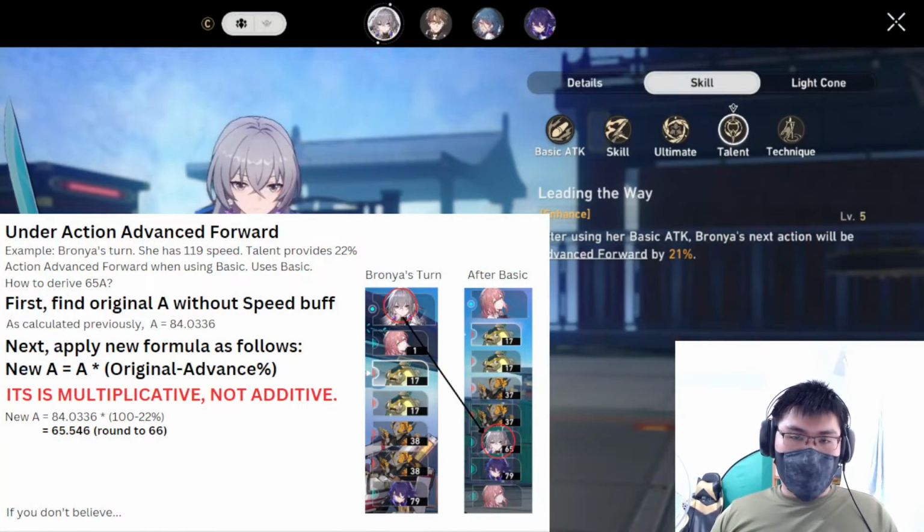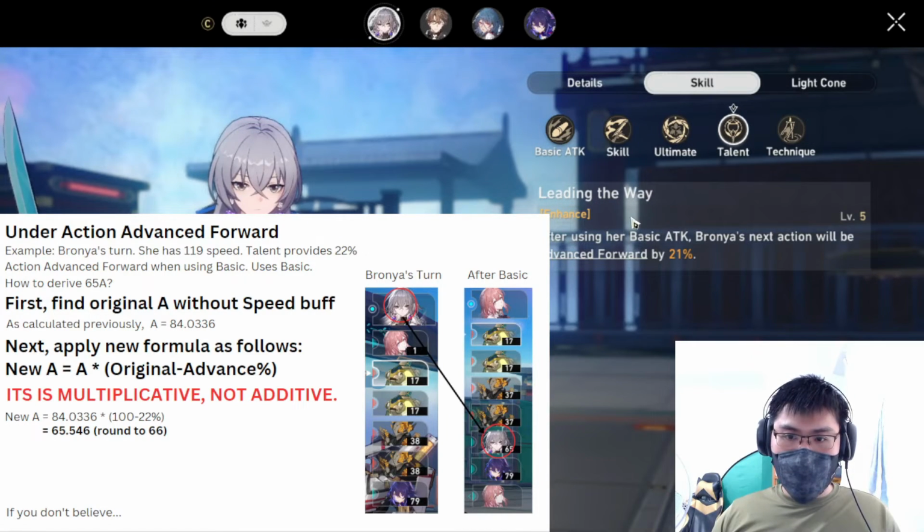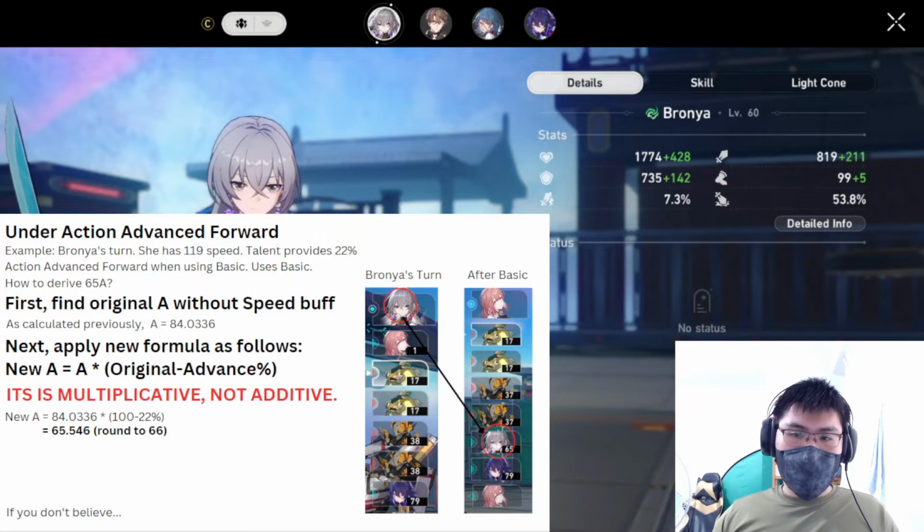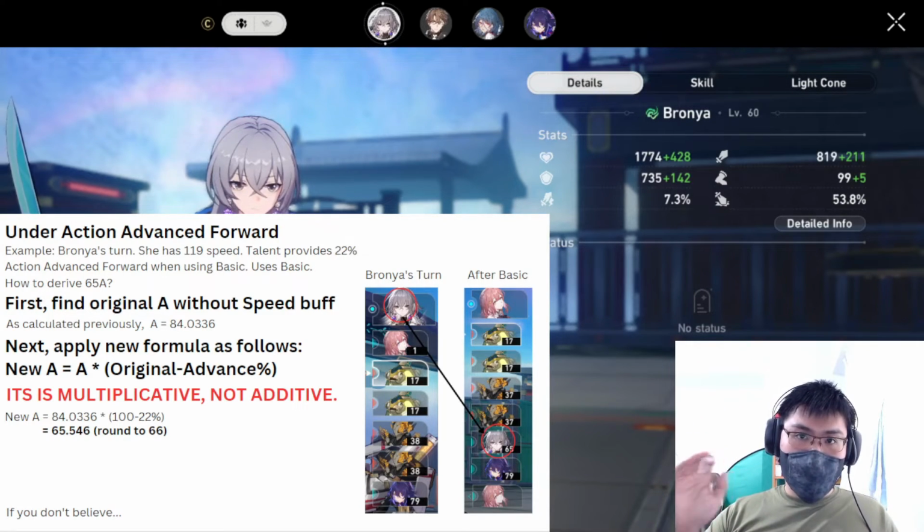And the next factor that affects your action value is none other than action advance forward. For this case, I'll use Bronya as an example. Bronya has a talent that buffs her own action based on her using her basic attack, 21% over here. The formula to calculate it is quite simple. You take the original action value of the unit and multiply by the new percentage change from the buff itself.